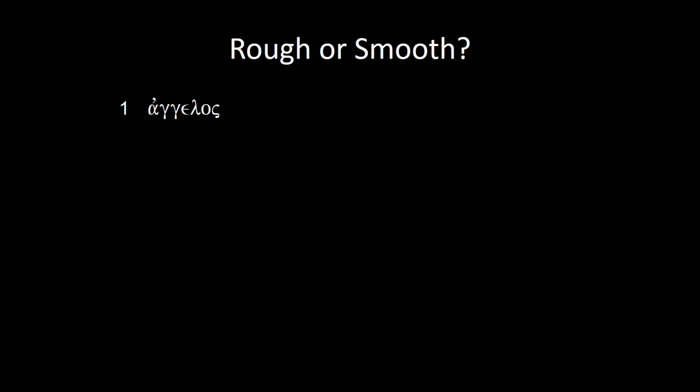Let's practice now. So here's the word angelos. There is a breathing mark over the alpha. What do you think? Is that rough or smooth? The rough looks like a backwards apostrophe, and it makes that H sound. A smooth looks like a forwards apostrophe, and it makes no sound. So what do you think, rough or smooth?